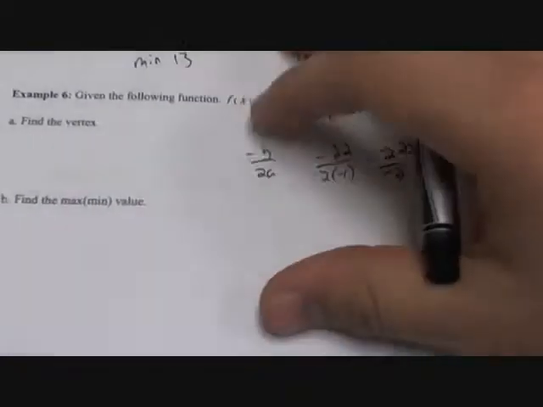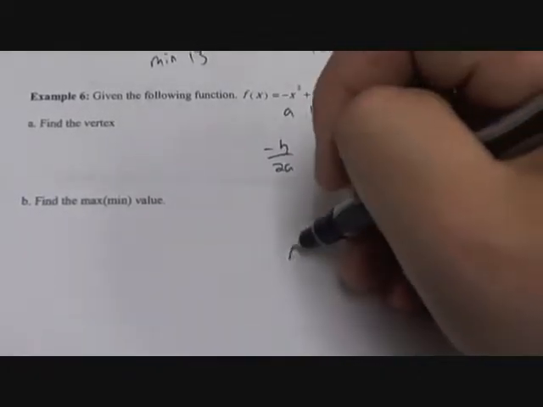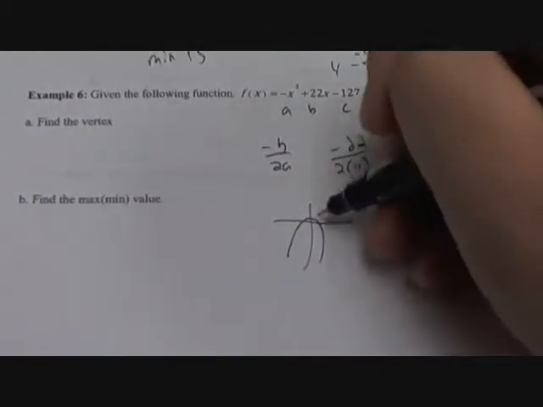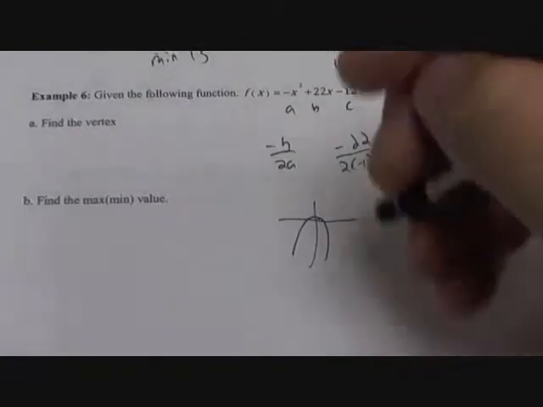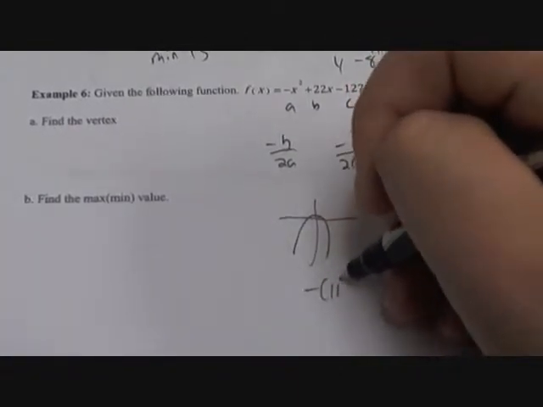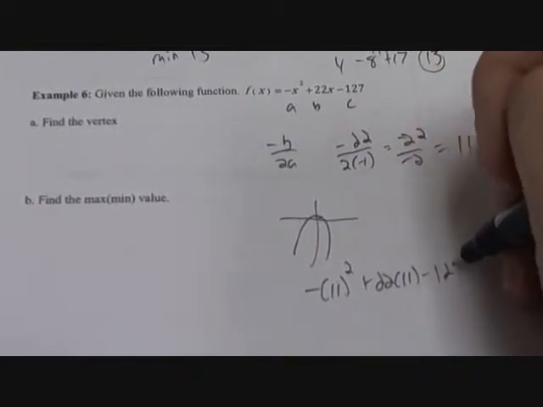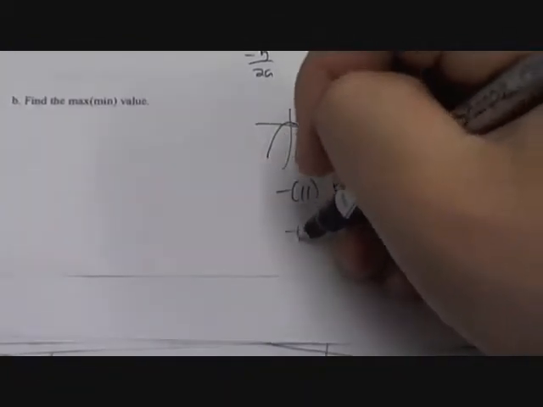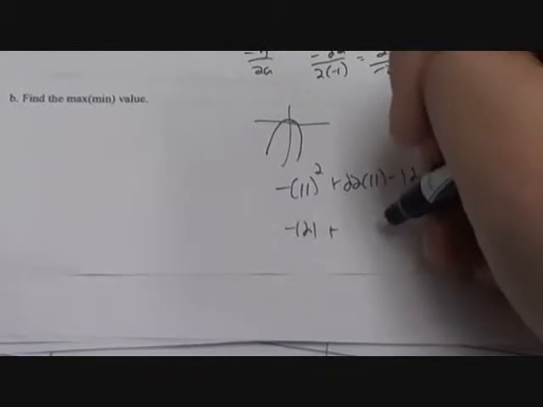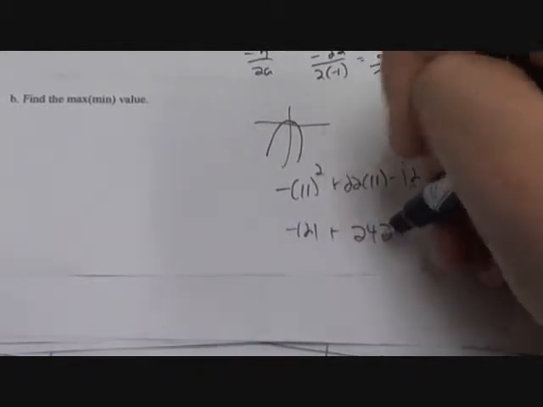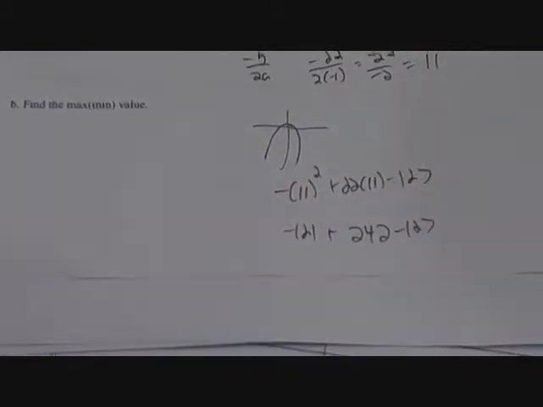Since a is negative, it's going to be our maximum. So you plug in 11 to the equation: negative 11 squared plus 22 times 11 minus 127. It's negative 121 plus 242 minus 127. I don't have a calculator, but you can do that.